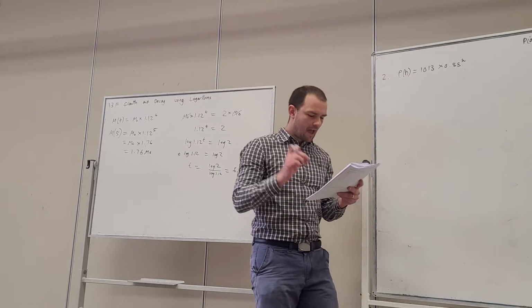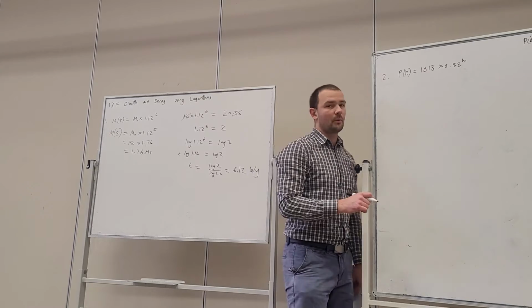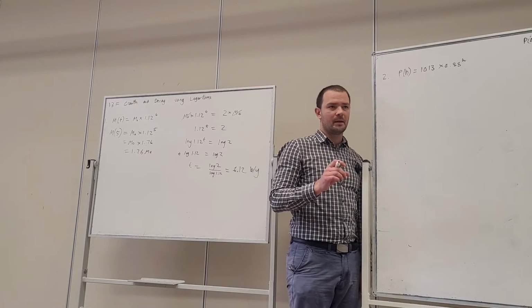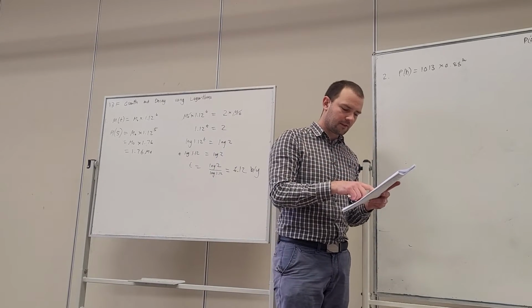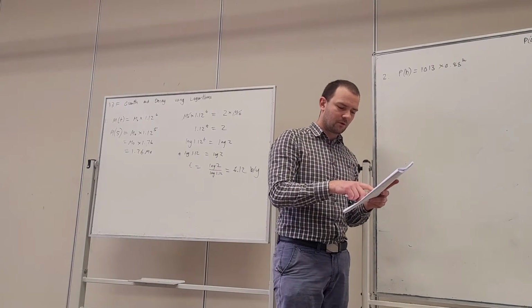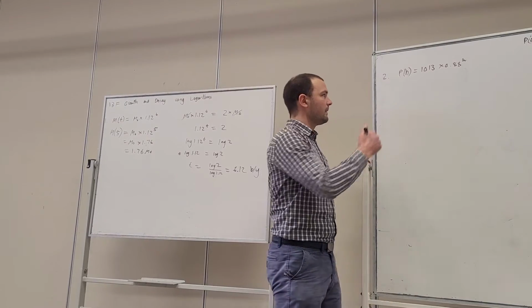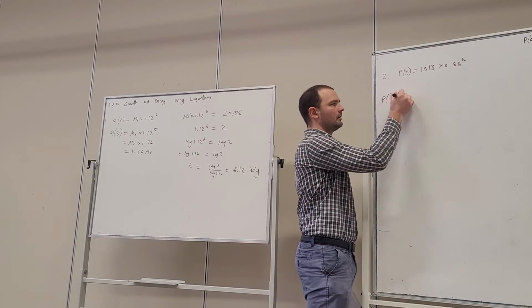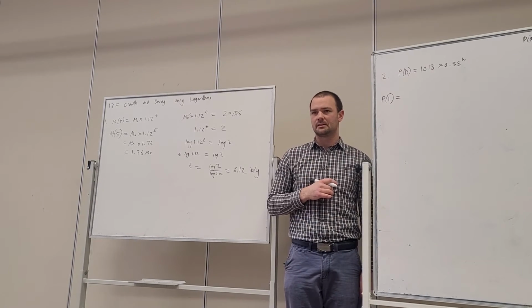Part A, find the atmospheric pressure at the top of the Empire State Building. So when the height is 381 meters. Now be careful here, because it says very specifically, it decreases by 12% for every 1,000 meters. So P of 1 is going to be the pressure at 1,000 meters.